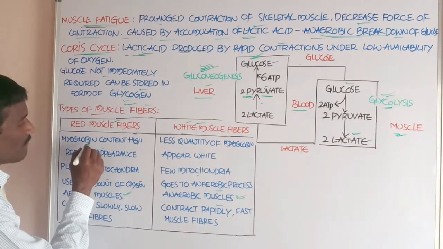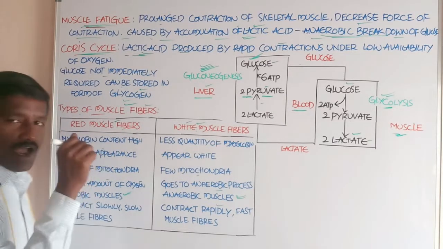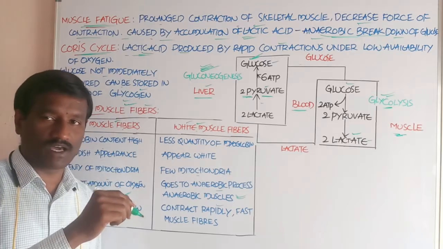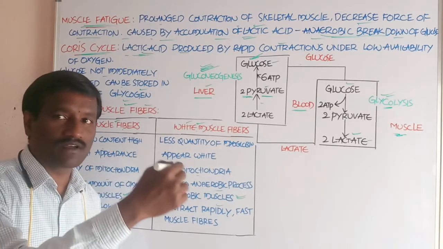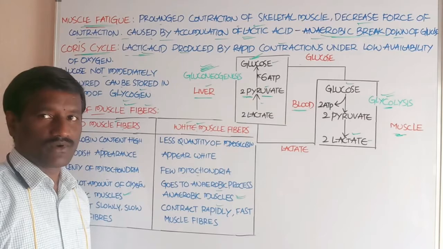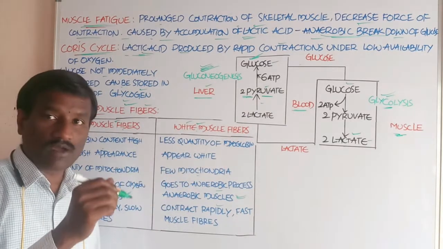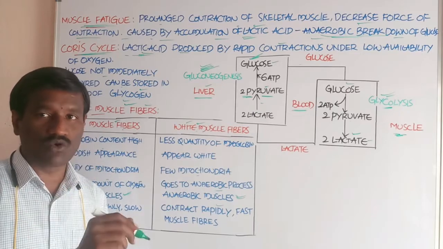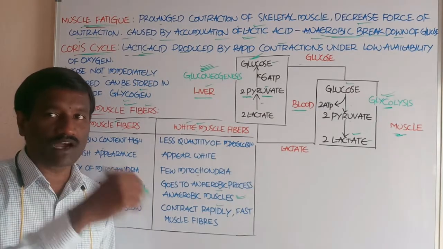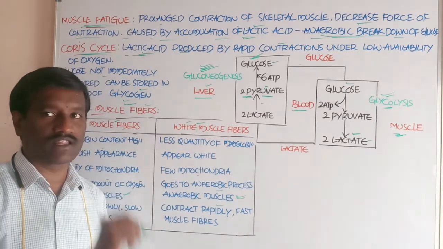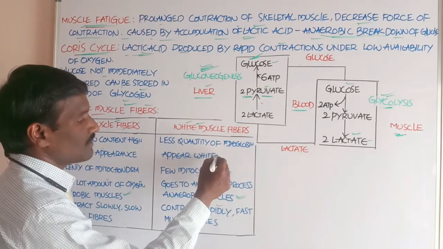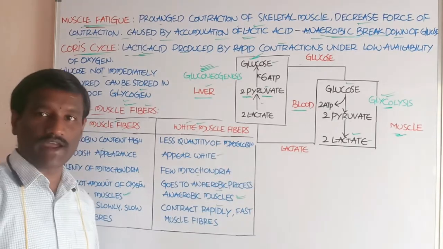Myoglobin content is high in the red muscle fiber, so it appears red. A low amount of myoglobin is present in the white muscle fiber, so it appears white.